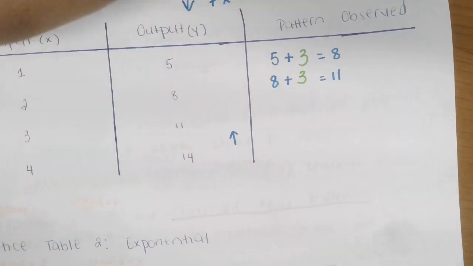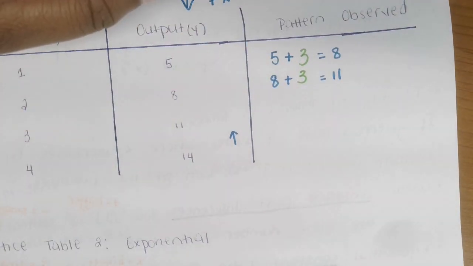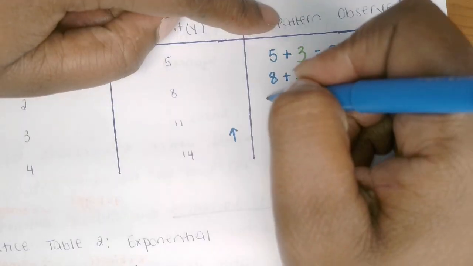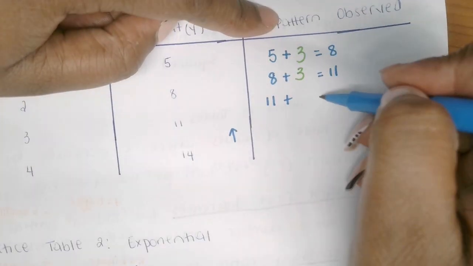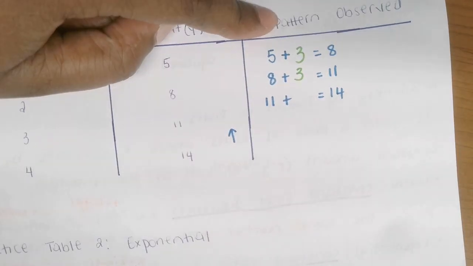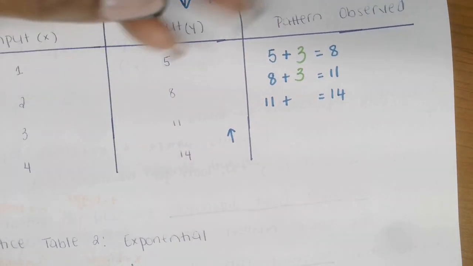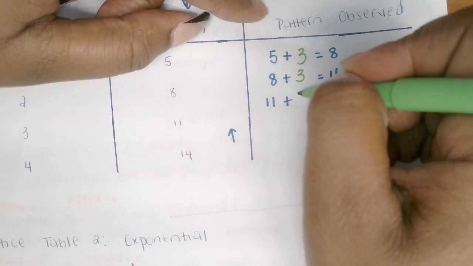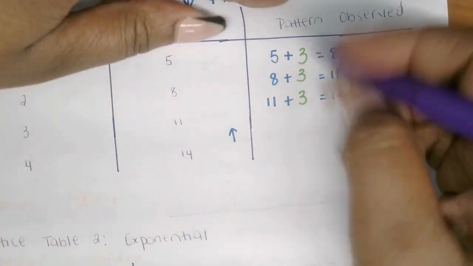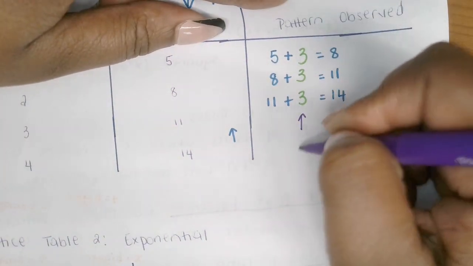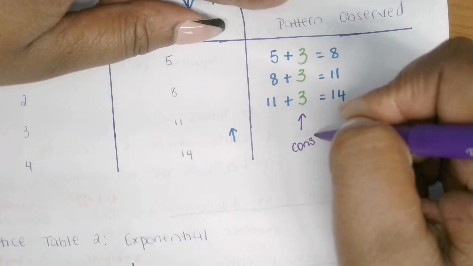So we realize that the constant seems to be 3. Let's try one more number. Say 11 plus what number will give me 14? 12, 13, 14, and that again is 3. So we know that our constant in this case is 3, and we did find a constant.